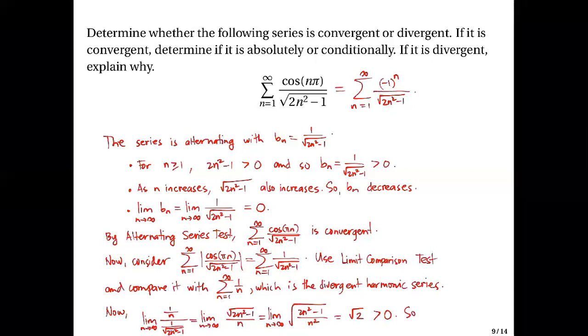So the series, absolute value of cosine of pi n over square root of 2n squared minus 1, from 1 to plus infinity, is divergent. So let me put it here.